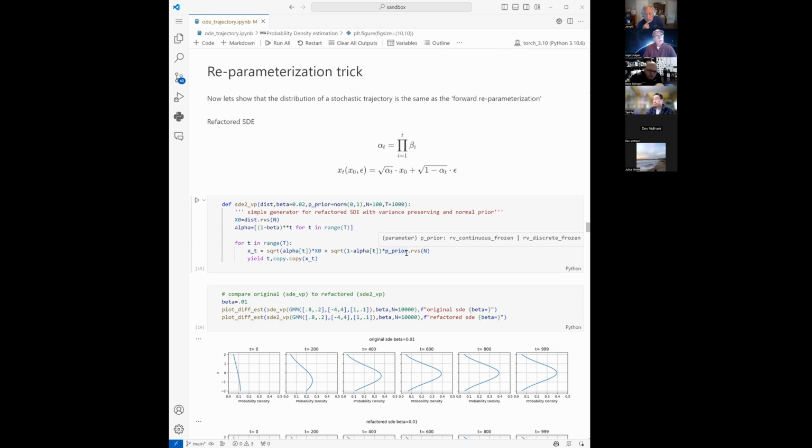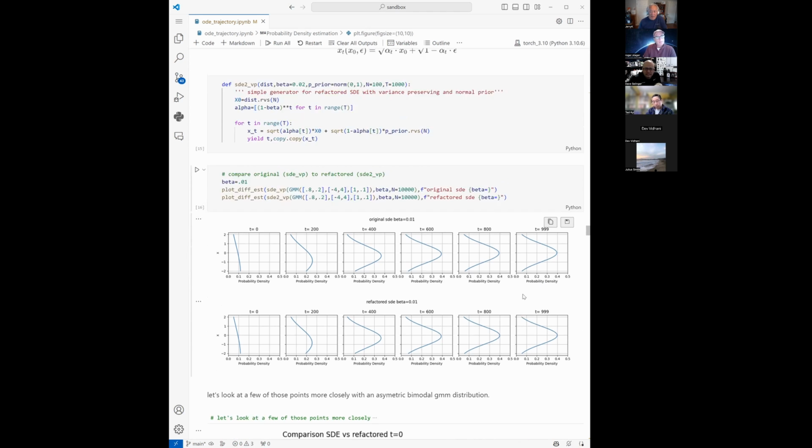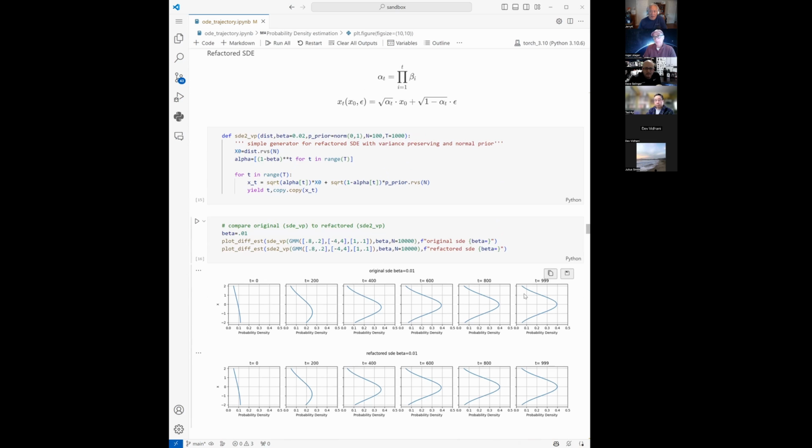Okay, so that alpha calculation implements that top product. Whatever that symbol is, it means the product of b_i from 1 to t. Isn't it a capital pi? Okay, I don't want to be wrong. I'm not the smartest.